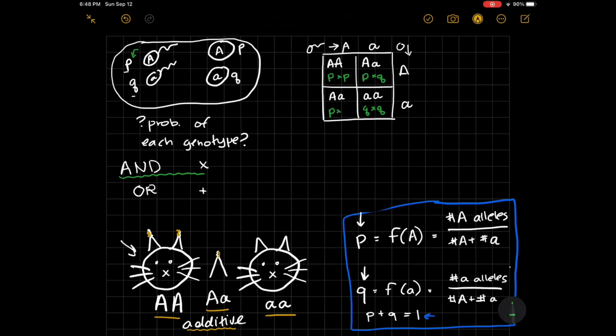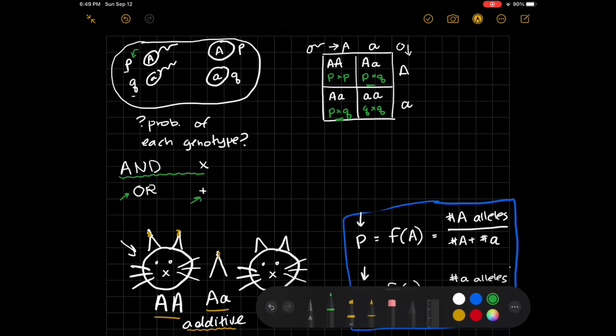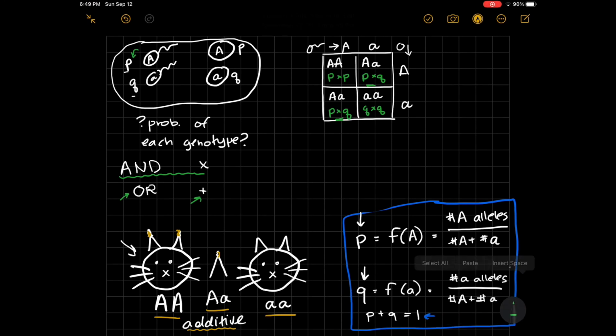So the overall probability of getting a big A, little a, there are two ways to do it. So this is an or statement. You can have a big A sperm and a little a egg, or a big A egg and a little a sperm. So the overall probability of getting a big A, little a individual from this gene pool is going to be 2 times P times Q. So we say 2PQ is the frequency of the big A, little a genotype.